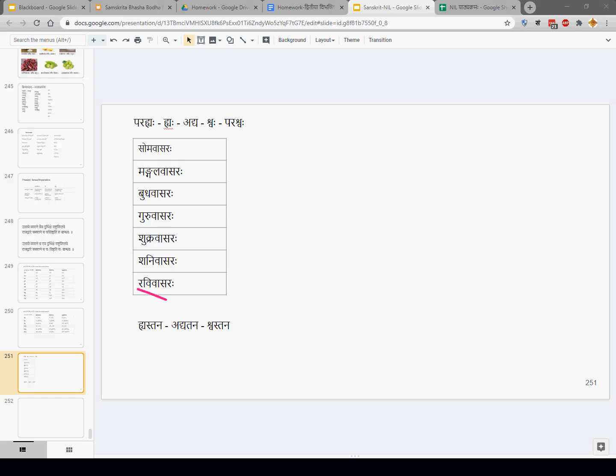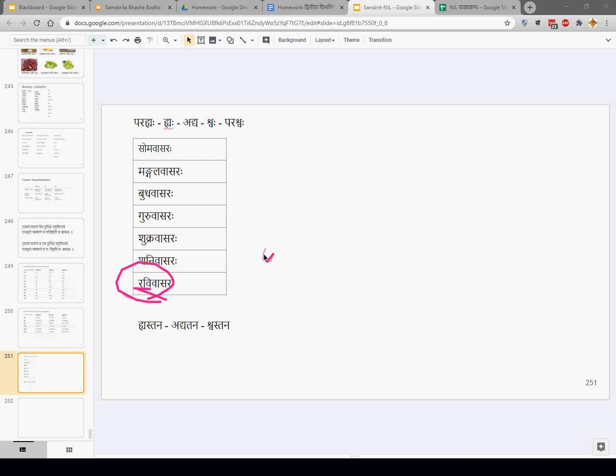And this one is Ravivasaraha. Ravivasara is named after sun. Ravi means sun. Sunday, so simple. Here also there are many words for Ravi, that is sun, and that can be replaced.